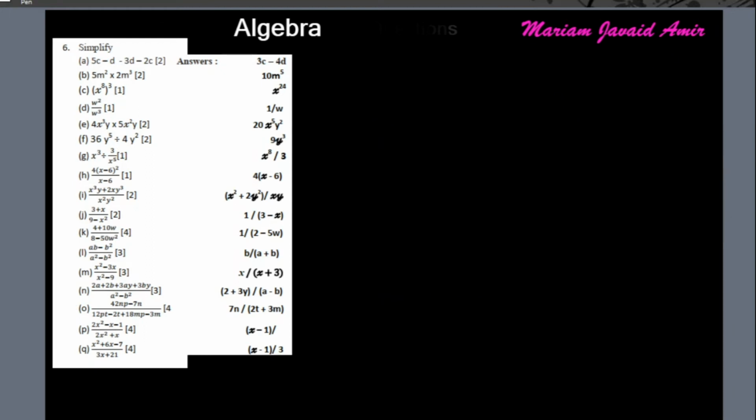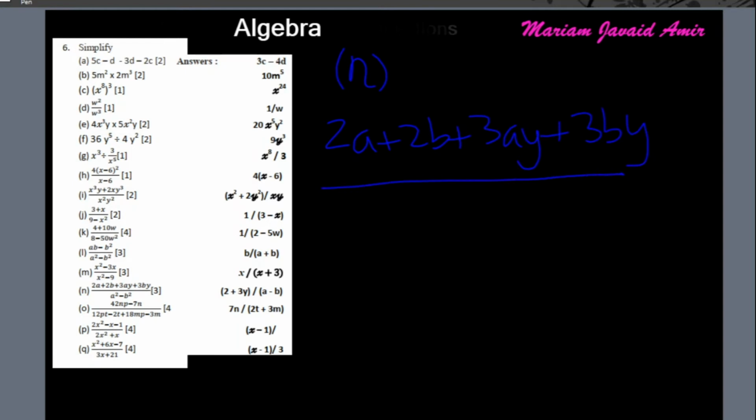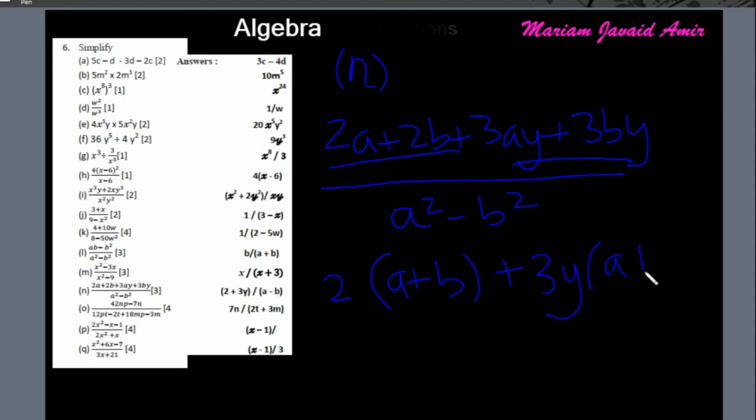Part N, we have 2a plus 2b plus 3ay plus 3by over a square minus b square. So factorize this, it will become 2 bracket a plus b. Then factorize this, 3y will be common and we're left with a plus b.